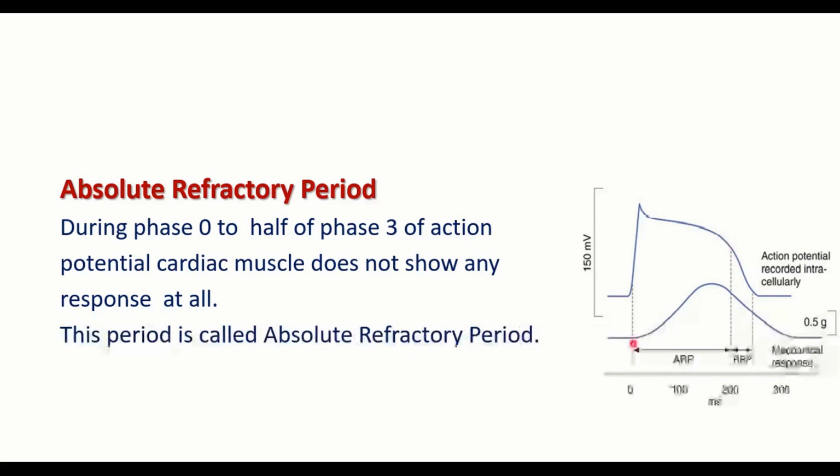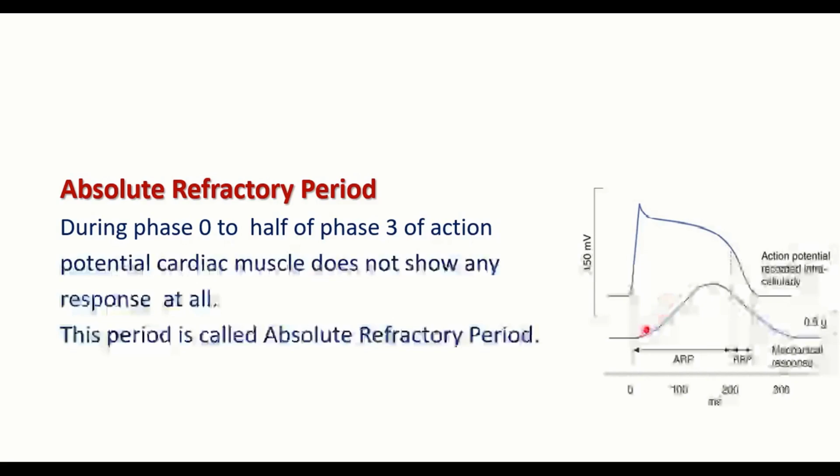Then you can see here the full contraction, then the initial 1/3 of the relaxation up to here. So this whole part is known as absolute refractory period. If you give a stimulus during this period, even though the strength of the stimulus is more than the previous one, it will not produce any response.